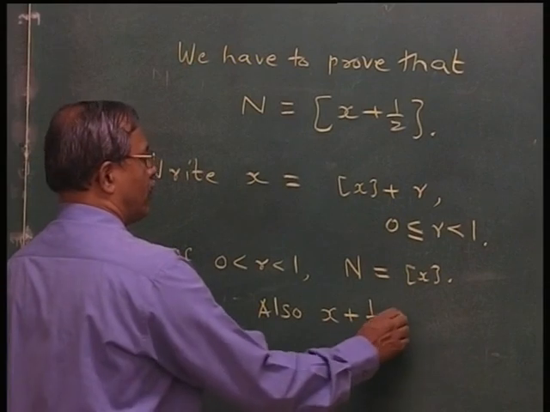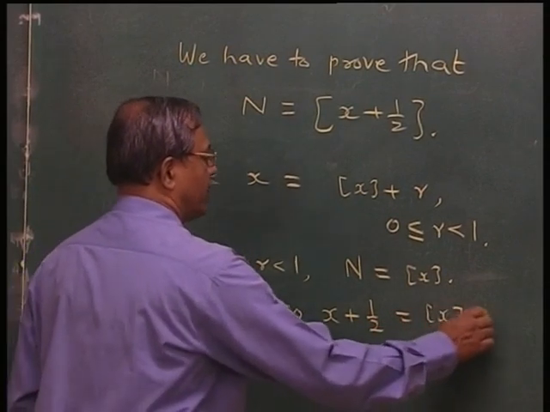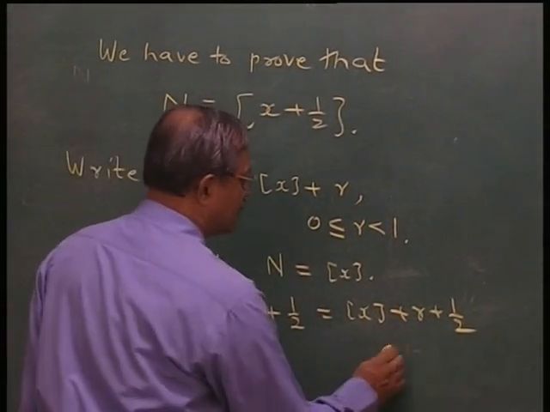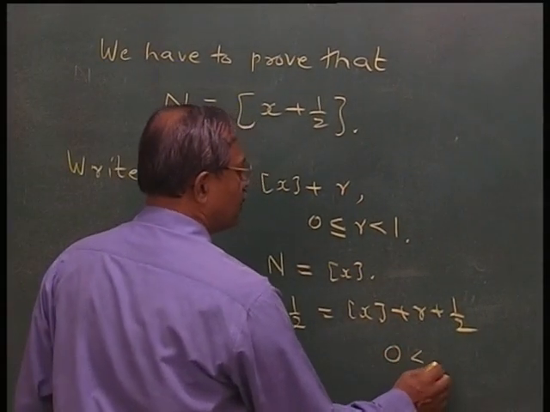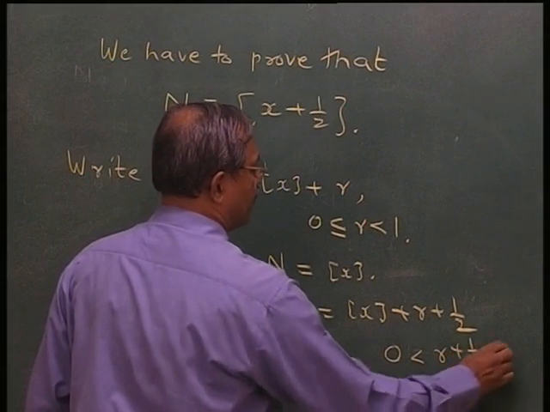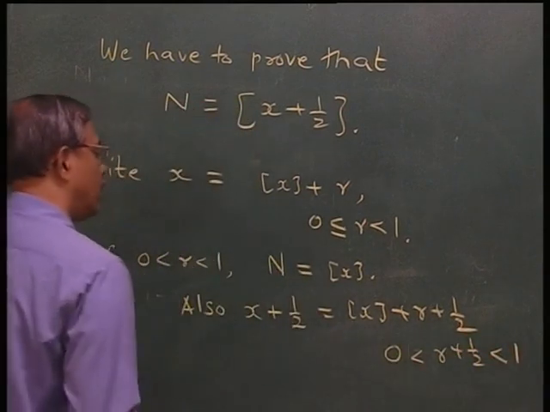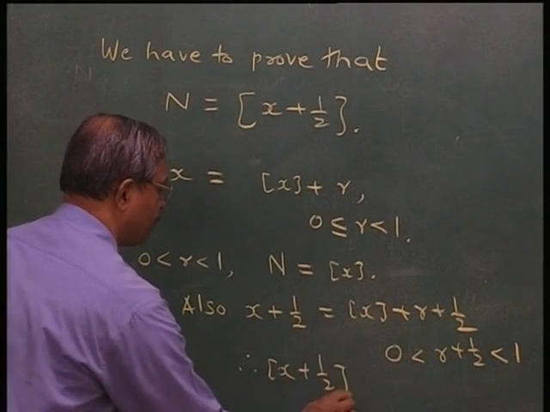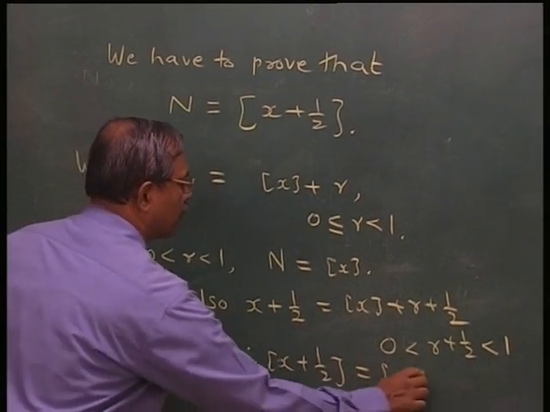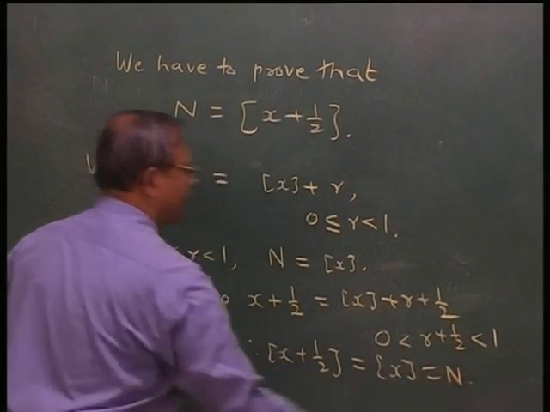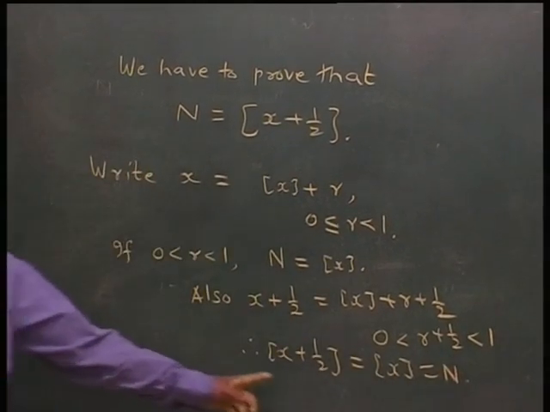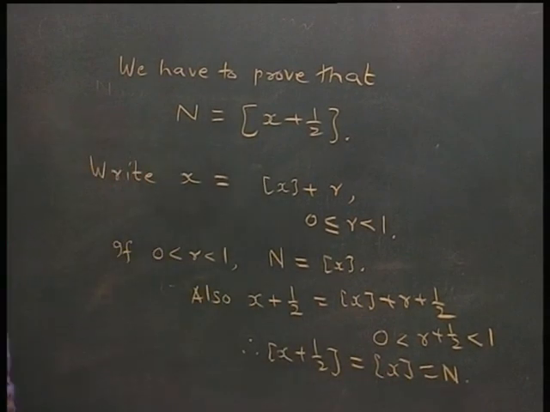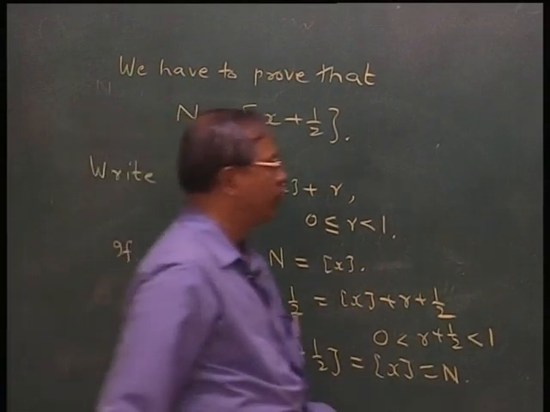Also, x plus half is equal to the integral part of x plus r plus half, and 0 less than r plus half less than 1, and therefore the integral part of x plus half equals the integral part of x, equal to n. That's what you want. In this case, these two match.